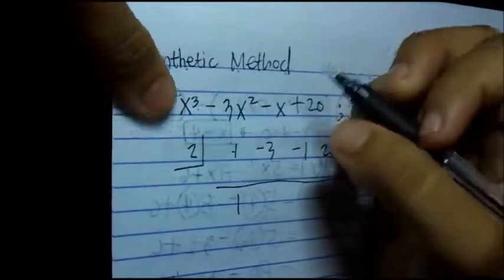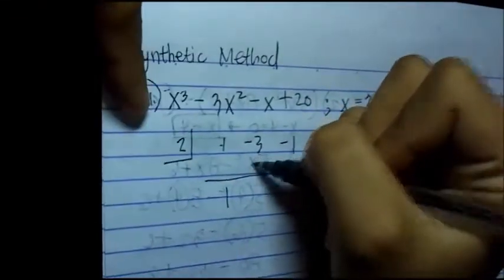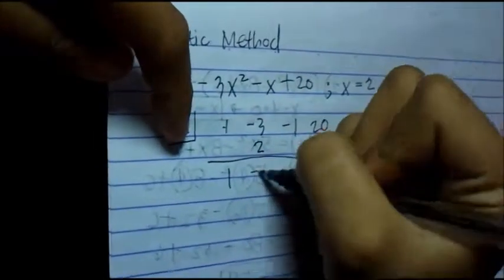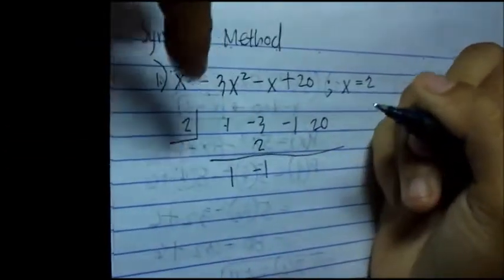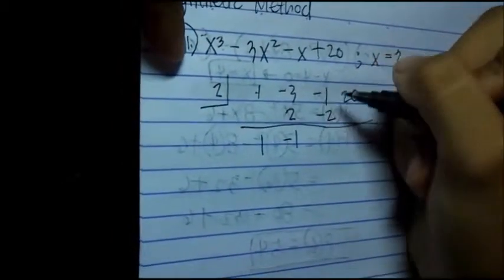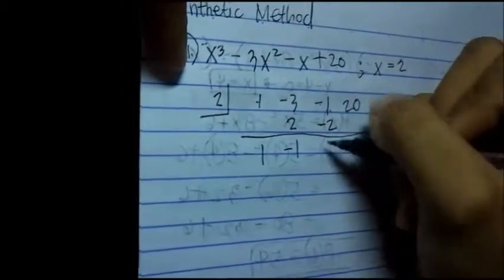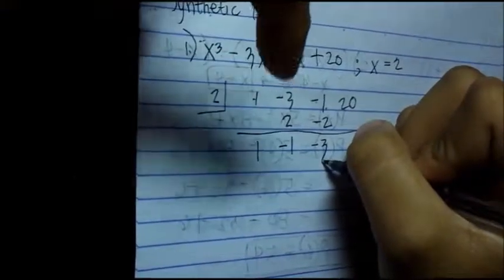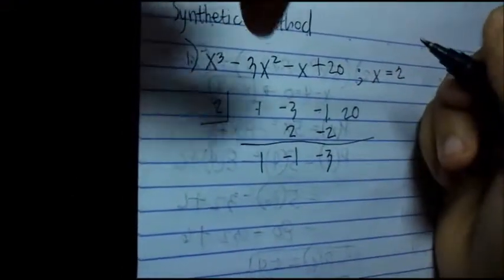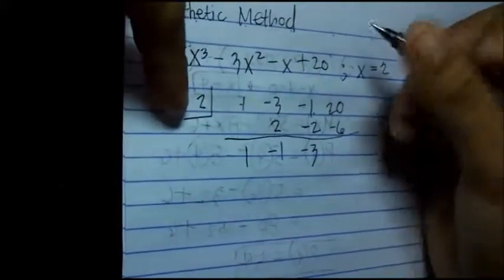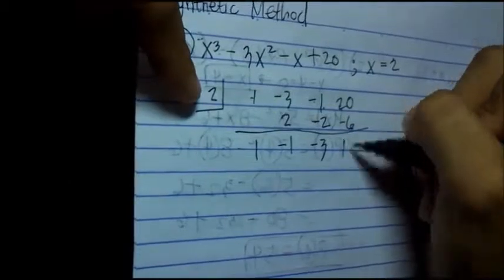So bring down 1. So 1 times 2 is equal to 2. Then negative 3 plus 2 is negative 1. Negative 1 times 2, negative 2. Then negative 1 plus negative 2 is equal to negative 3. Then negative 3 times 2 is negative 6. So 20 plus negative 6 is 14.